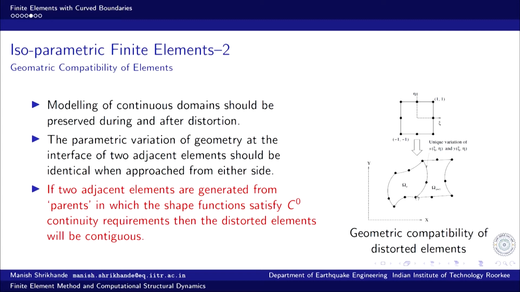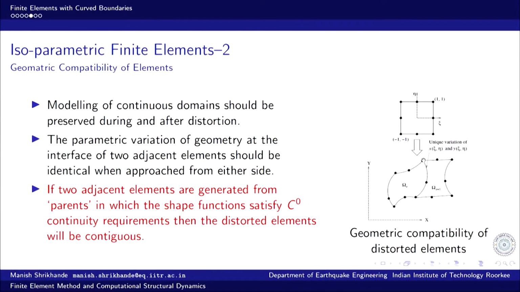So, the variation of this edge is a second degree polynomial in eta, and a second degree polynomial is uniquely defined by 3 distinct points.